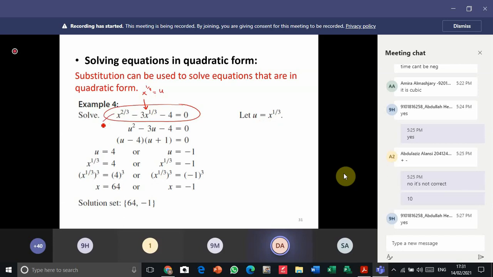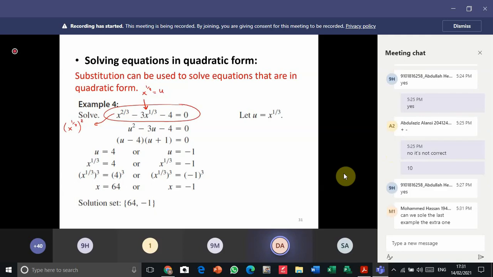Here we have x to the 1 over 3 all to the power 2. We can separate the 2 outside the x to the power 1 over 3. And in general, if we have x to the a over b, we can put it equal x to the 1 over b all to the power a, like this.